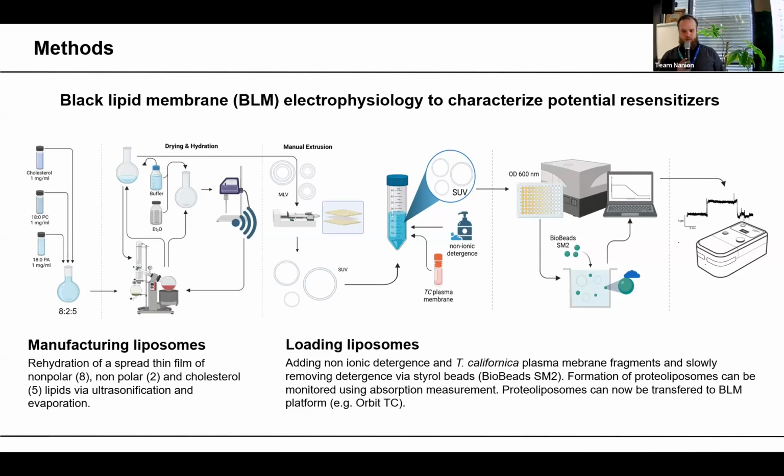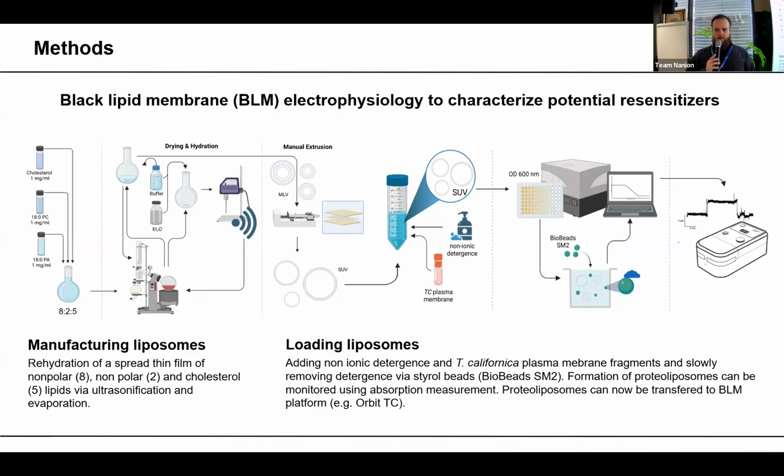The secret was using proteoliposomes as a transfer medium into our black lipid membranes, using cholesterol, phosphatidylcholine, and phosphatidic acid at a molecular weight ratio of 8 to 2 to 5, mixing these up, and drying this using a rotary evaporator.